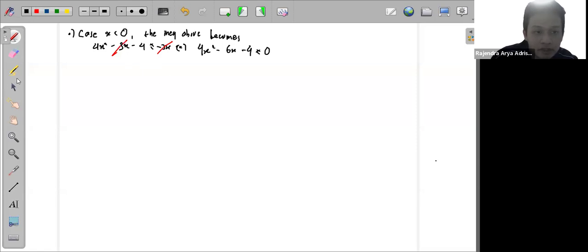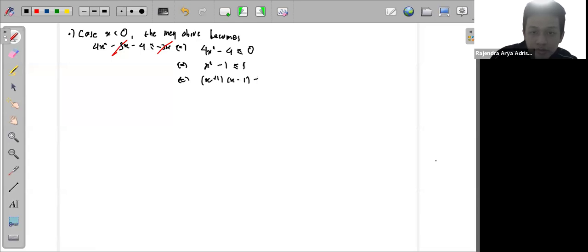We simplify them, which gives us 4x squared minus 4. And the right hand side is just 0. We can simplify this further. Gives us this. And we can factorize this quadratic form into x plus 1 times x minus 1.